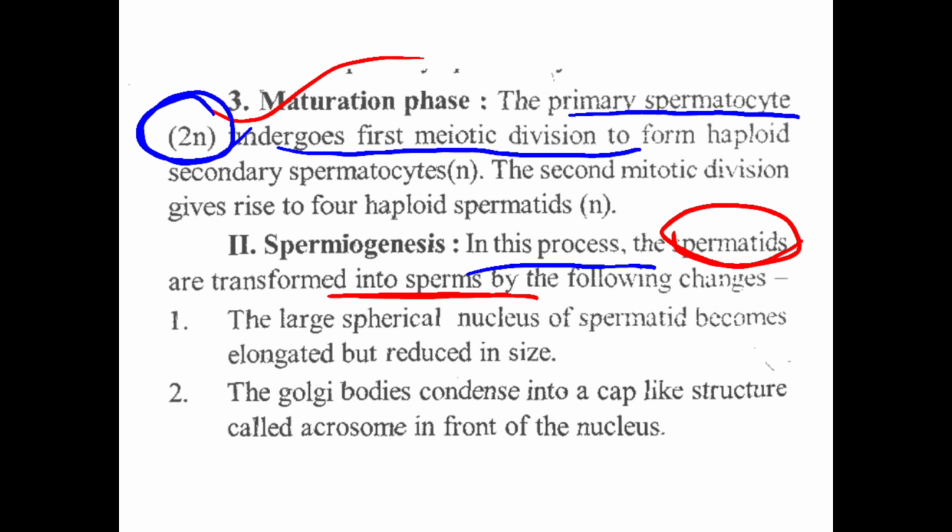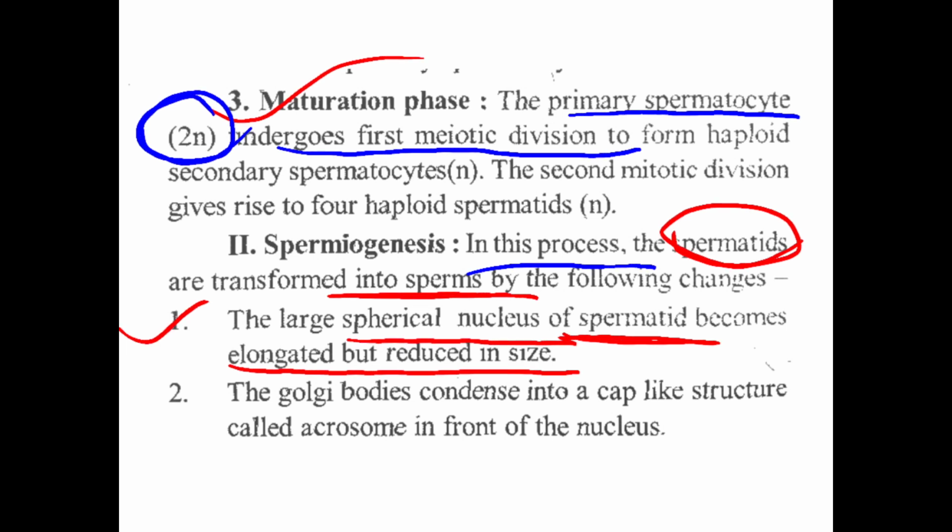What are the changes that take place in spermatogenesis? The large spherical nucleus of the spermatid becomes elongated but reduced in size.